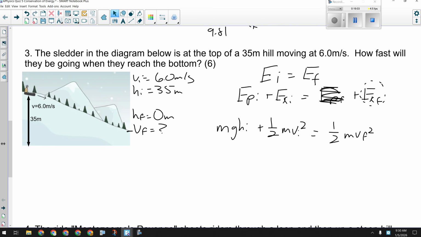Okay, what were you not told about this sledder? Their mass. Does it matter? No, it doesn't. It wouldn't matter how big an object was sitting on that sled, they'd be going the same speed when they got to the bottom. Okay? Only gravity is working here. So I can take off all of the masses. So we'll just cross them.